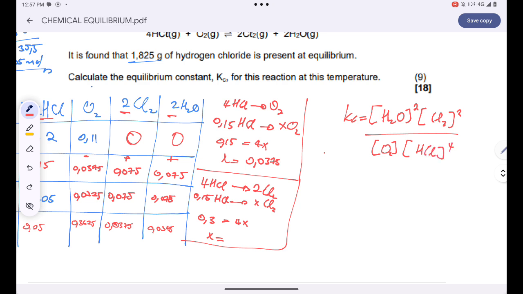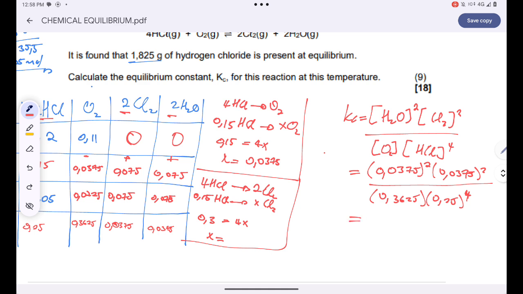Kc, guys, is just the ratio of the concentration of products to the concentration of reactants raised to their stoichiometric coefficients. So for my steam, I just have 0.0375 squared, 0.0375 squared for chlorine. And then for oxygen, I just have 0.3625. And then I have 0.25 all raised to the power 4.